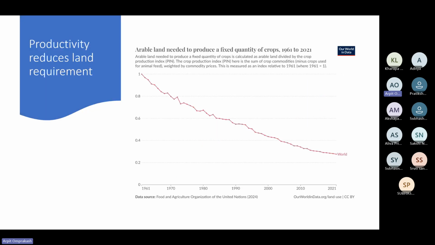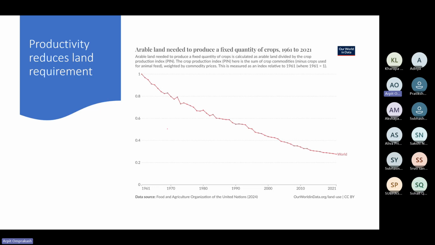So the amount of land that is needed to produce the same amount of crops has steadily been decreasing over the years because of this.